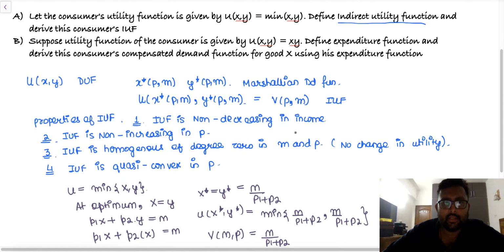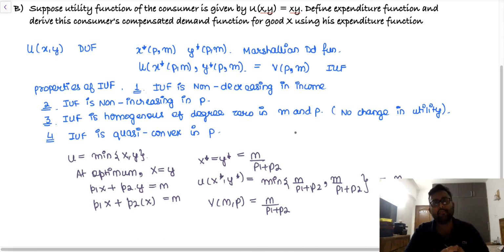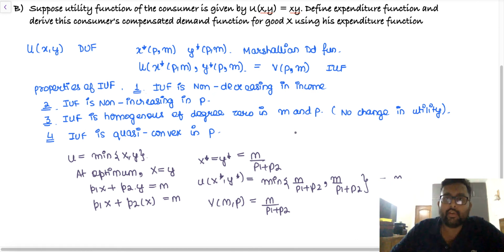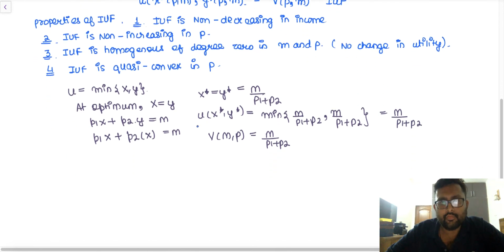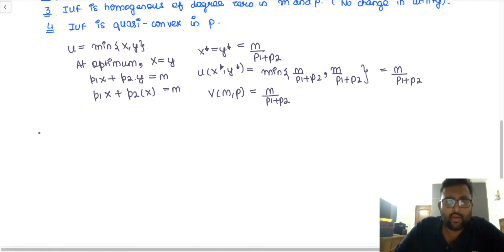Okay, now let's look at another problem. Suppose the utility function of the consumer is given by u(x, y) equals xy. Define what an expenditure function is and derive the consumer's compensated demand function using the expenditure function. What you have already seen is the indirect utility function V, which gives you some level of utility.